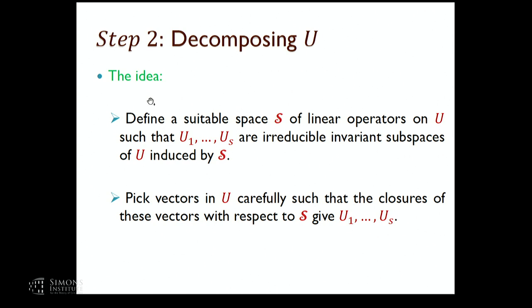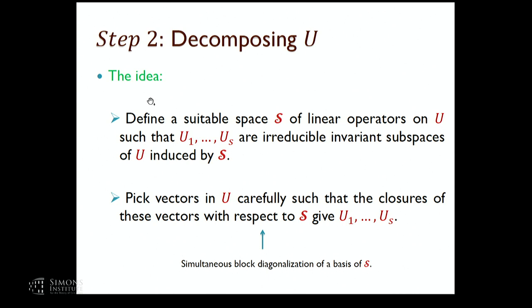So we choose this space of operators carefully so that these individual UIs turn out to be the irreducible invariant subspaces of U induced by S. So the decomposition is unique in the sense it's a unique irreducible decomposition of U. And the second step is you find this decomposition, and the way you find it is that you pick a vector or different vectors in U carefully, such that the closures of these vectors with respect to S will give you these spaces U1 through US. Yeah, that's the idea, and let's see how to make this idea work.